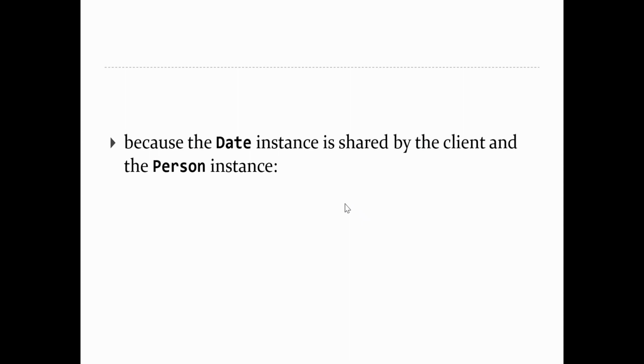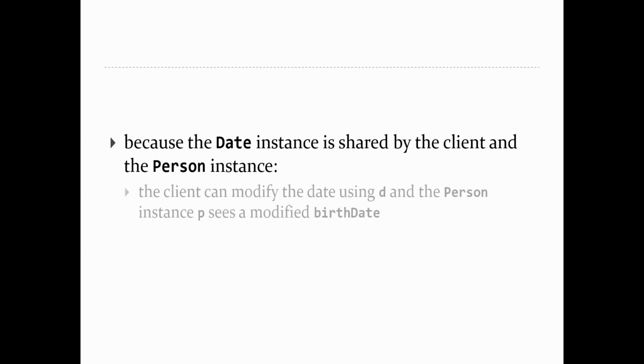Okay, so because the date instance is shared by the client and the person instance, the client can modify the date using d. That's their reference to the date. And the person instance, p, sees a modified field called birth date. Their birth date field now changes to be the new date.